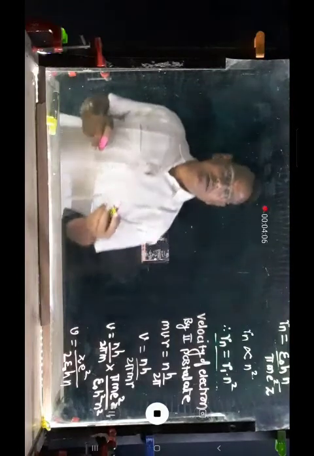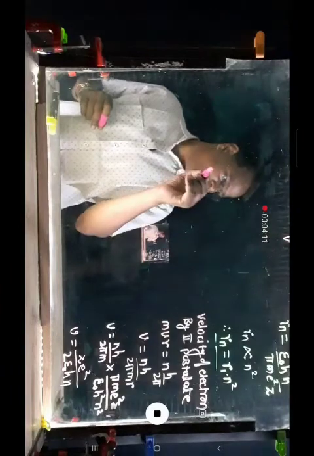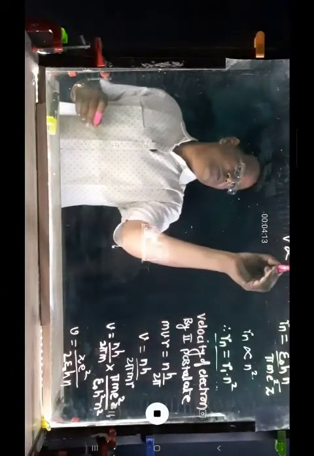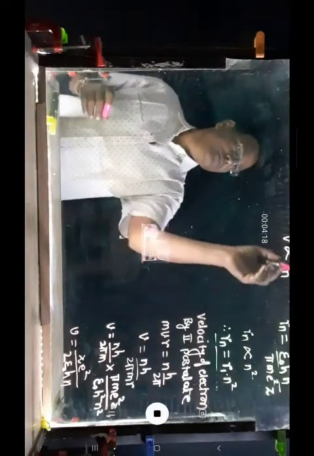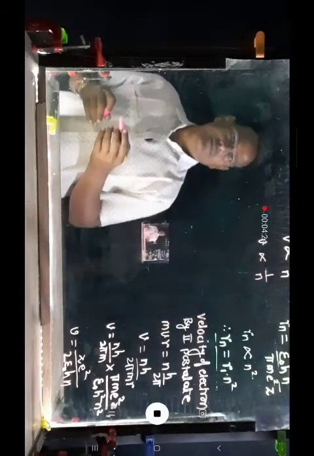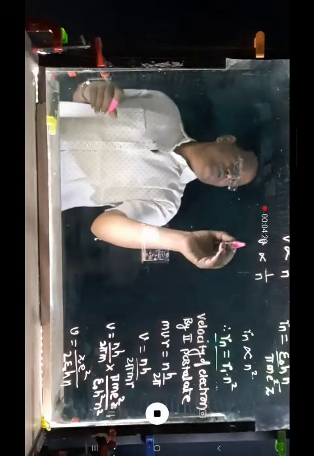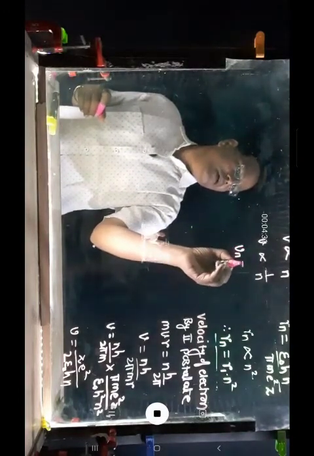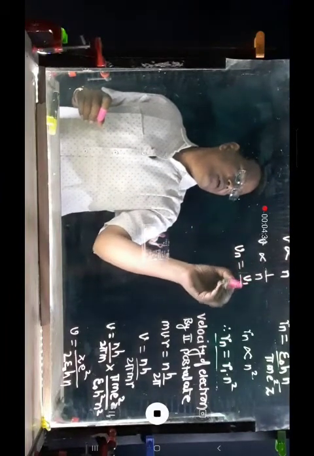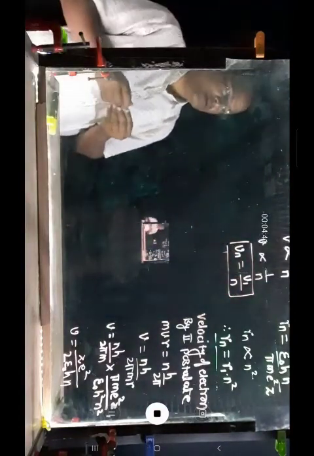So it is clear that the velocity of the electron in Bohr's orbit v is inversely proportional to the principal quantum number. In general, Vn can be written as V1 by n. So this is the expression for the velocity of the electron in Bohr's orbit.